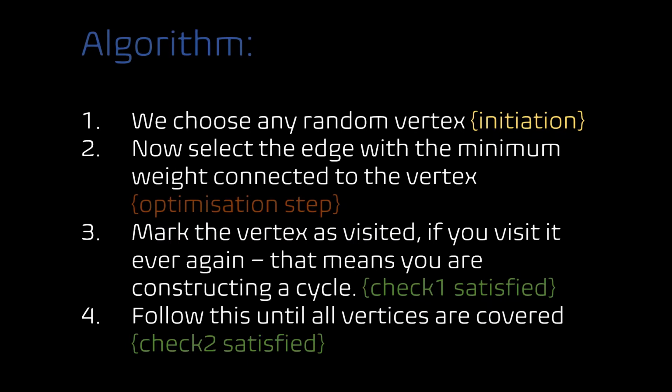So now if I again visit it, I'll know that I visited this vertex one time in the past, and hence I'm creating a cycle. I'm creating a loop, and that's not something which is allowed in spanning trees. So this is the step in our algorithm which will satisfy checkpoint number one.